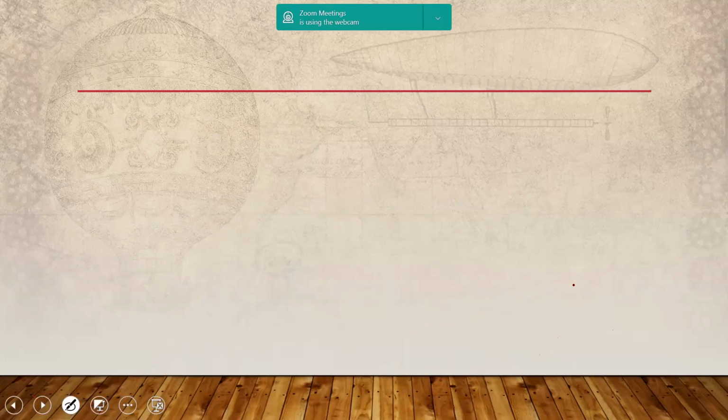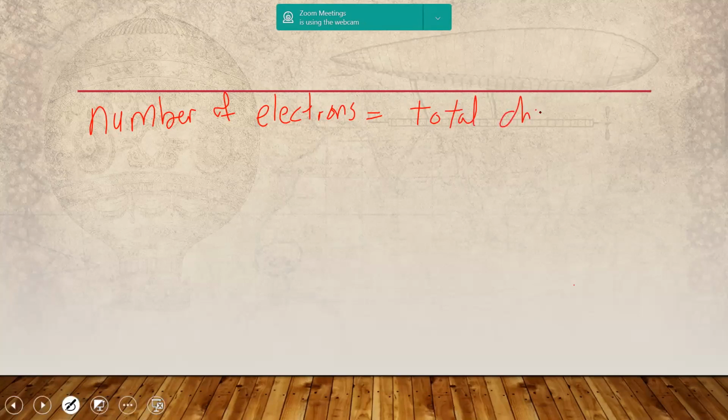So the number of electrons is the total charge over the charge of one electron.